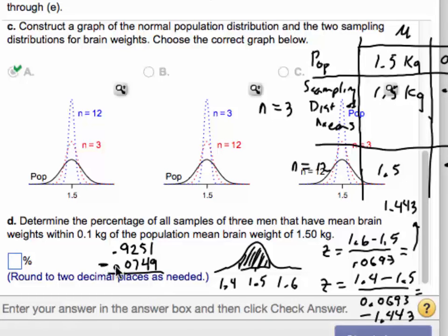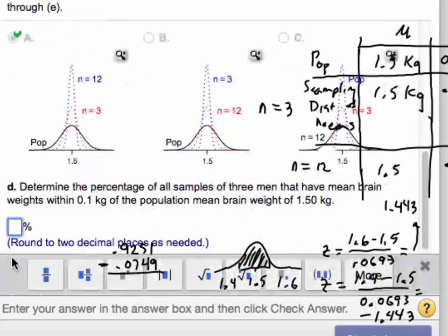Subtract, and that gives us the area between, which is 0.8502. Rounded to 2 decimal places, right? 0.85. They want a percent. Thank you. So just 85.02. We got there eventually. Teamwork. All right, so they want it as a percent, rounded to 2 decimal places. That means we take all 4 values that we got from the table.